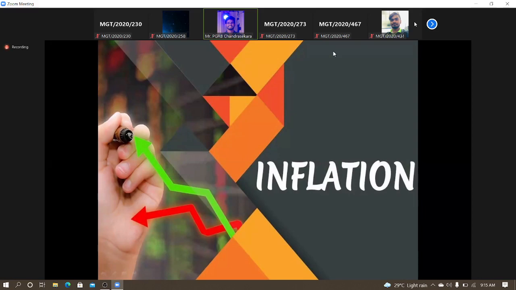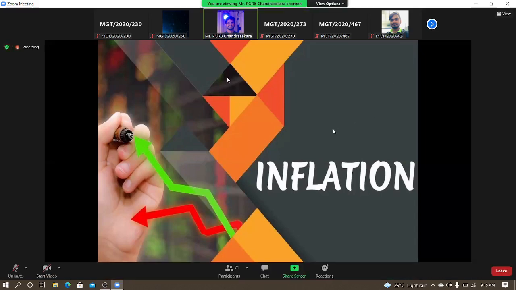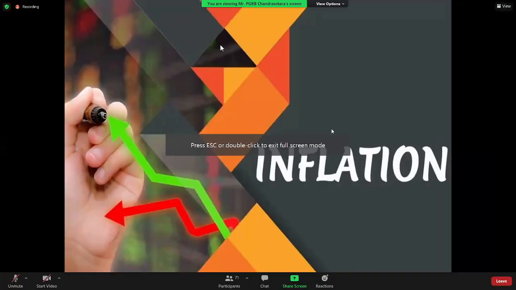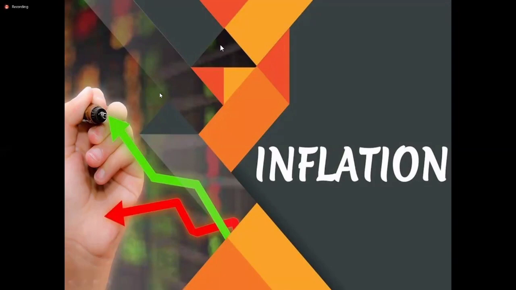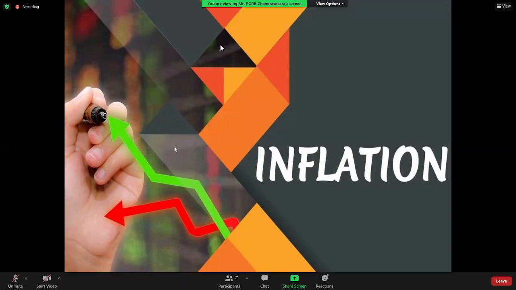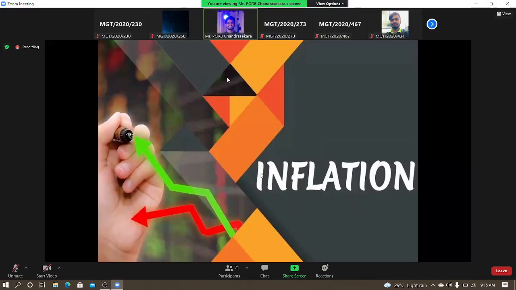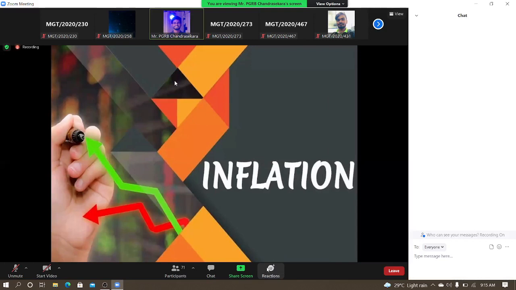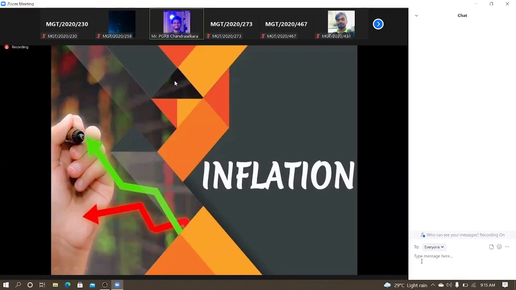Increasing of general price level. Yes. Any more answers? Price is increasing when the goods and service level is not changed.